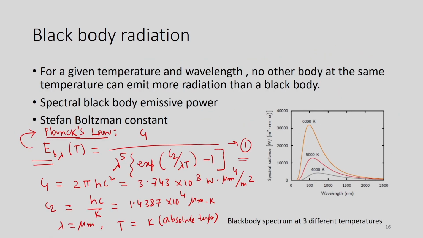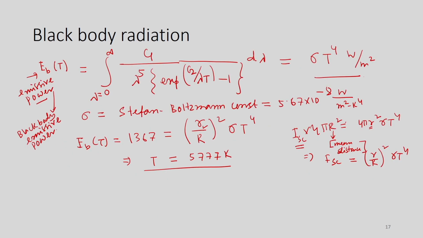If we substitute this value of T back here, we can calculate E_b, the spectral emissive power at different wavelengths, and it is found that if we generate this E_b value at different lambda, it is quite close to a black body radiation. That is why you can say the solar radiation emitted from the sun surface is a black body radiation.